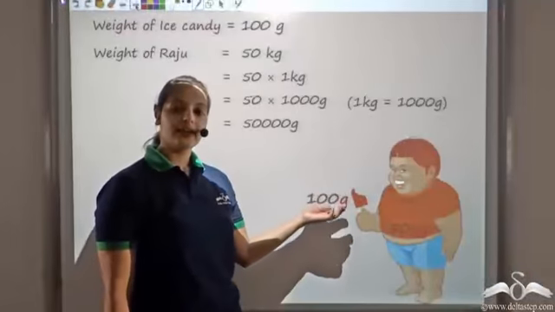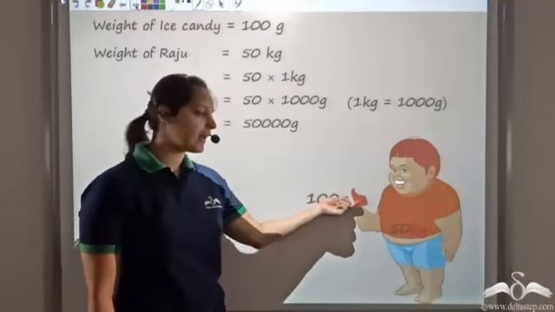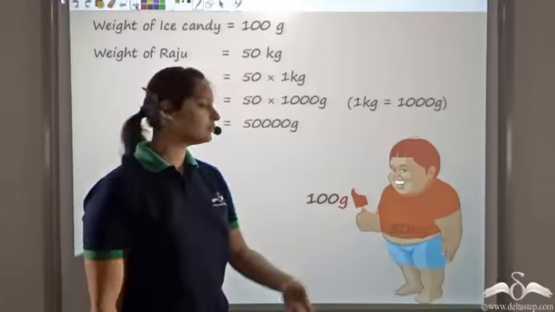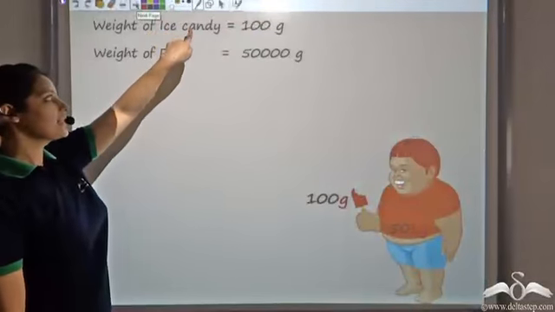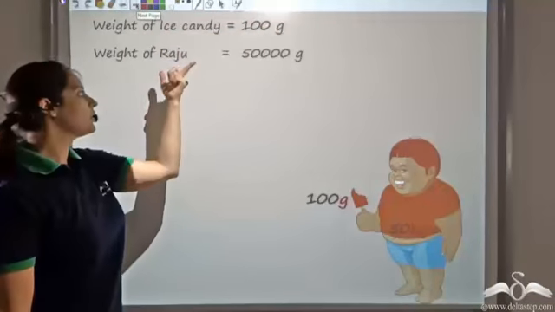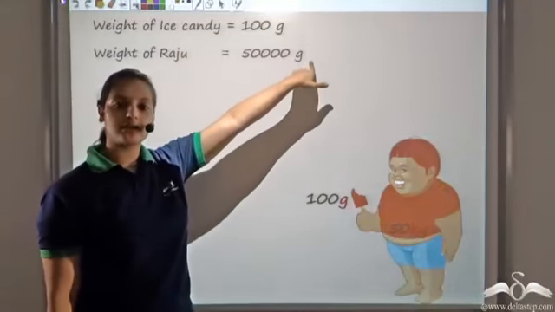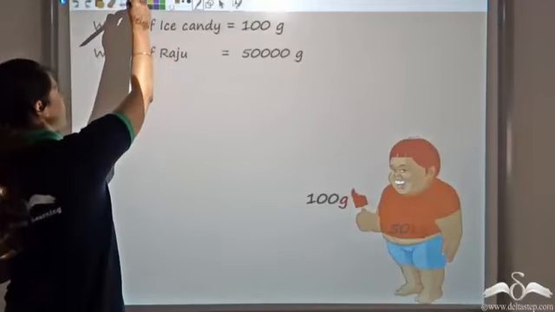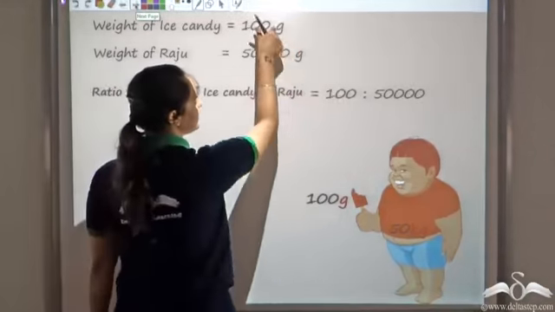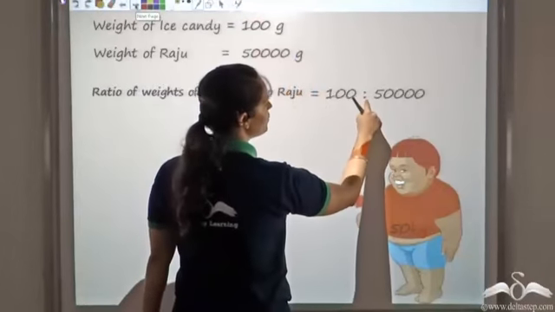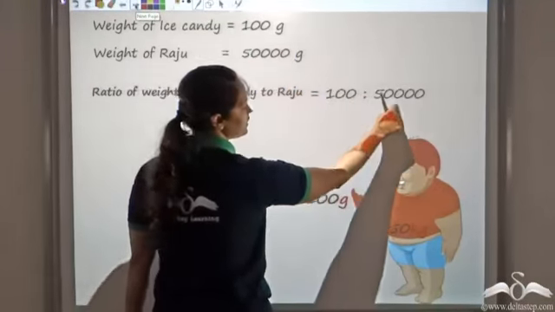So now I can find the ratio of weight of the ice candy to the weight of Raju. So let's do that. Weight of ice candy is 100 grams. Weight of Raju is 50,000 grams. So ratio of weights of ice candy to Raju would be ice candy 100 is to Raju, which is 50,000.